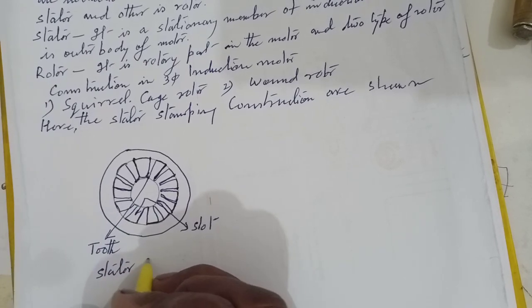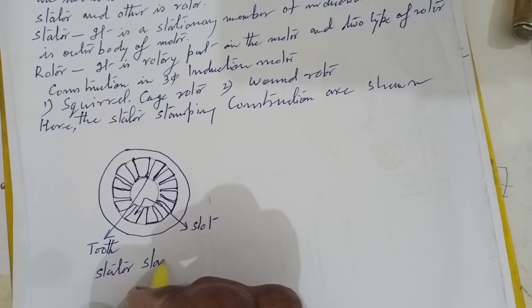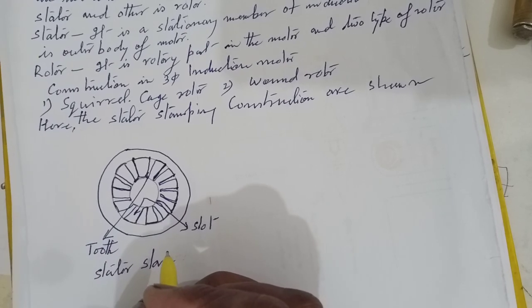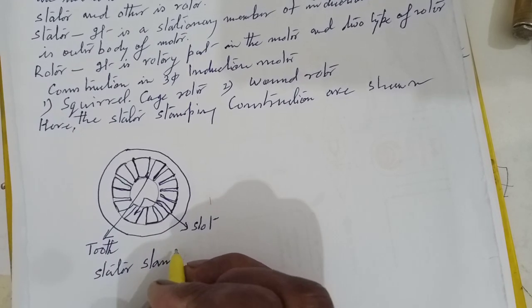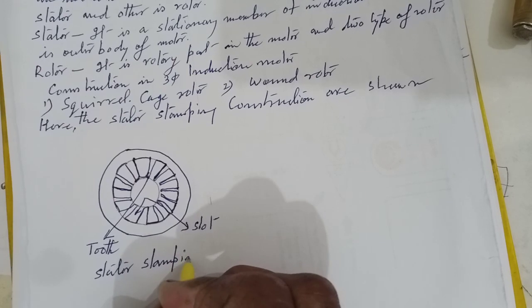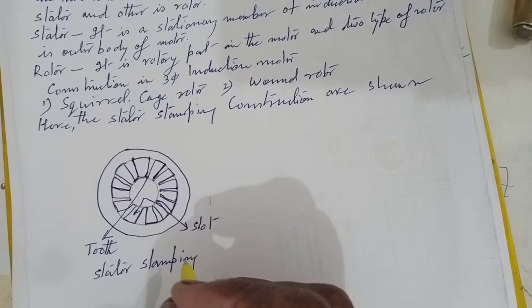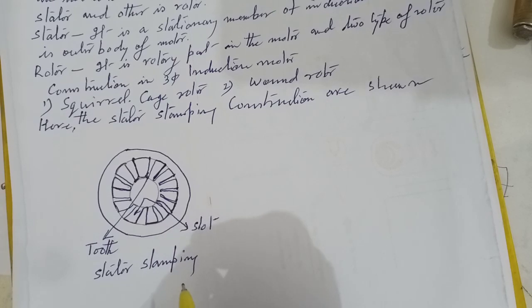Stator stamping. Hysteresis and eddy current loss occur in the stator because of changing flux associated with it.